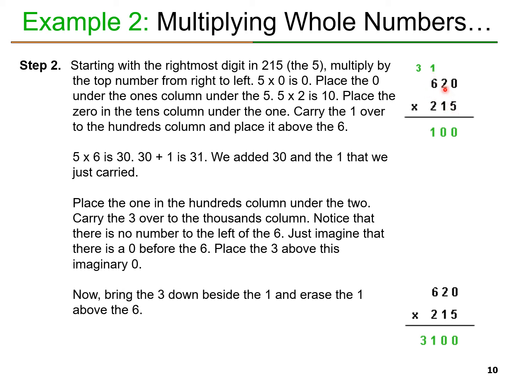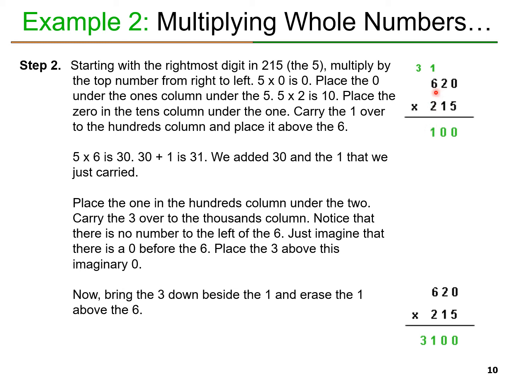Where's the 10 at? This 1 here plus this 0. Imagine this 0 is up here. This 1 and this 0 is 10. We put the 0 in the tens column. We carry the 1 over to the hundreds column, and we put it above the 6.